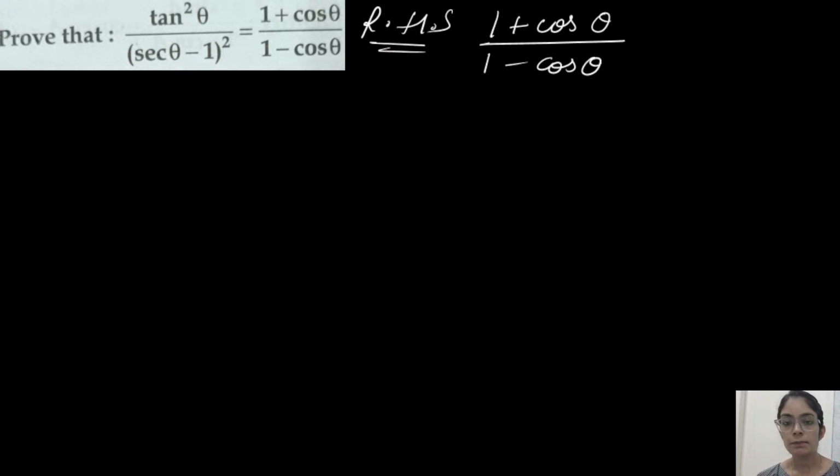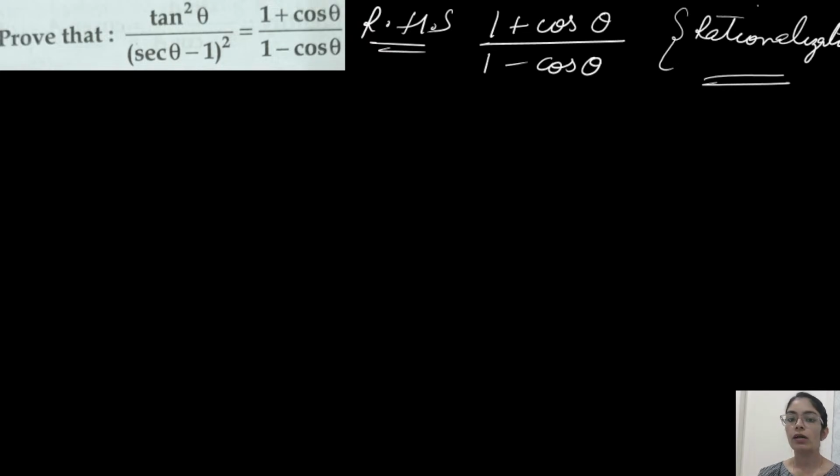So the terms are like the terms we had in the previous question. Whenever these type of terms are there, they can be solved by doing rationalization. So that you have to always remember. Now again you have to decide whether I should do rationalization of the numerator or the denominator.